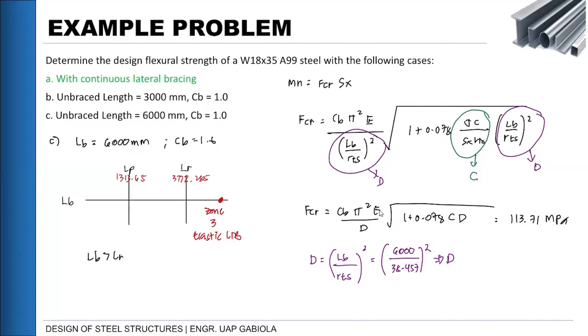CB pi squared E over D, tapos square root of 1.078 CD. So kung ano man yung value natin dyan, yan yung ginawa natin formula sa kanya.